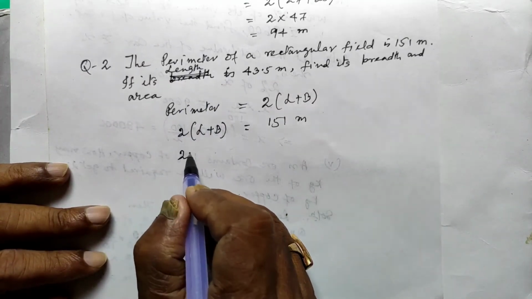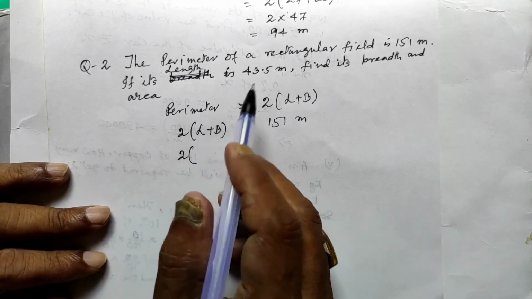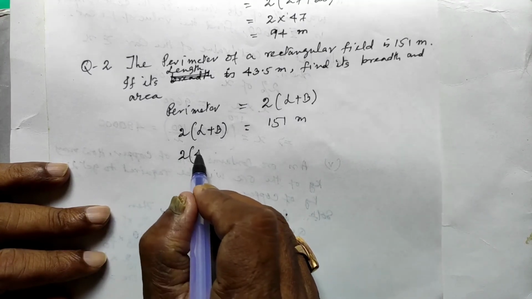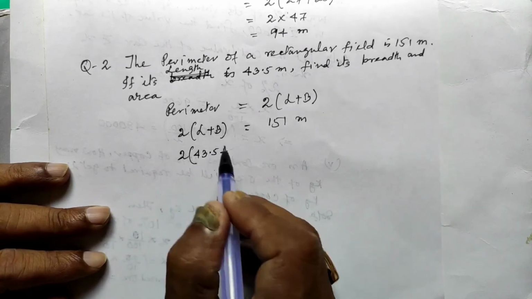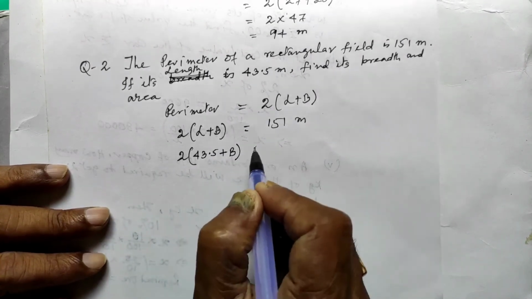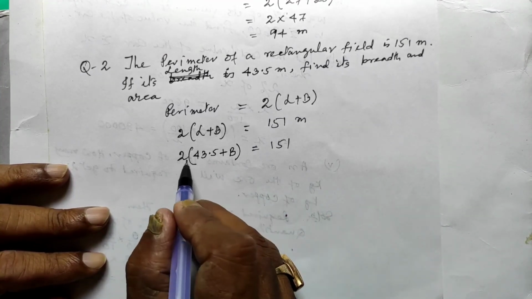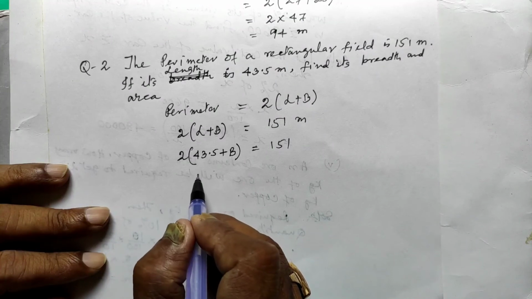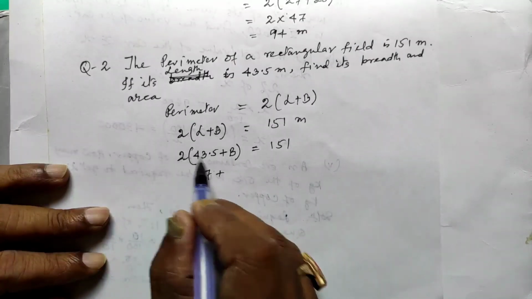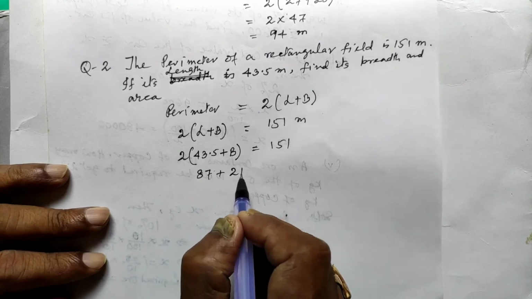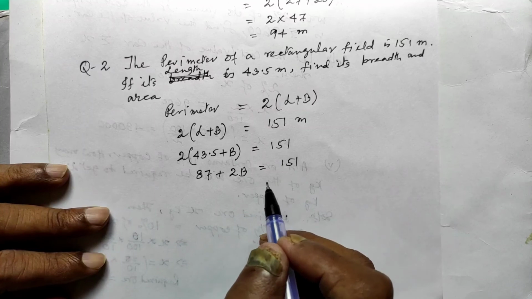So just put the data here: 2 times 43.5 plus B equals 151. If you multiply, it will be 87 plus 2B, that means 2 breadth, equals 151.